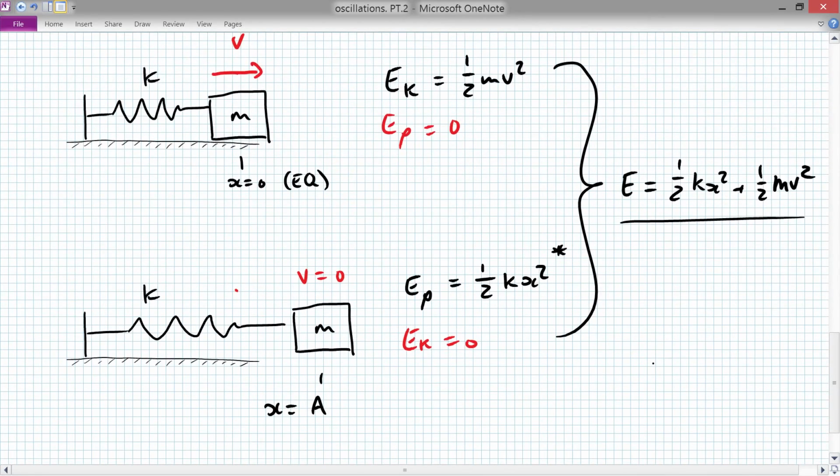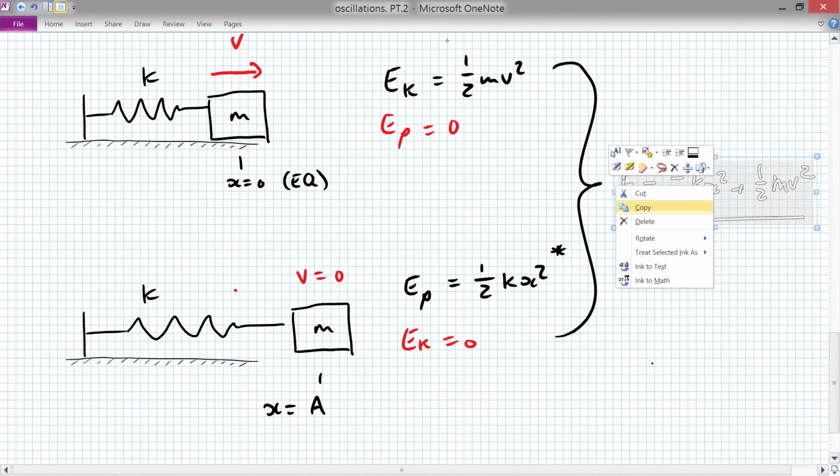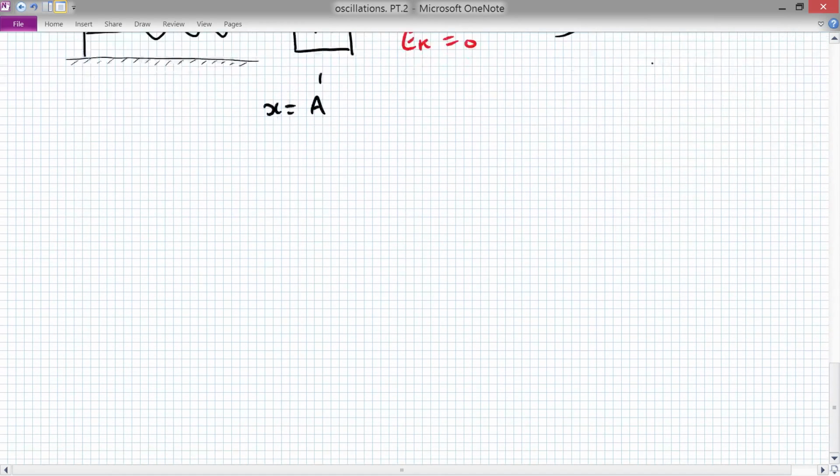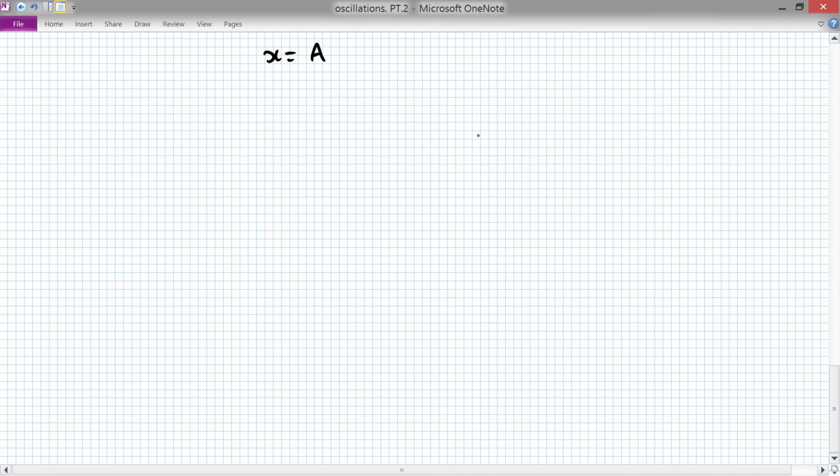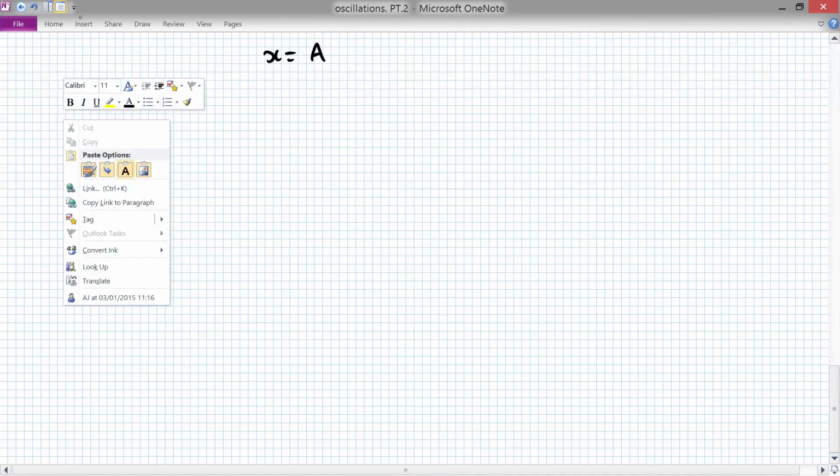So this is my total energy, and actually what I want to know is, okay, I have this amount of energy at any instant in time, but what is the total energy at any given instant?